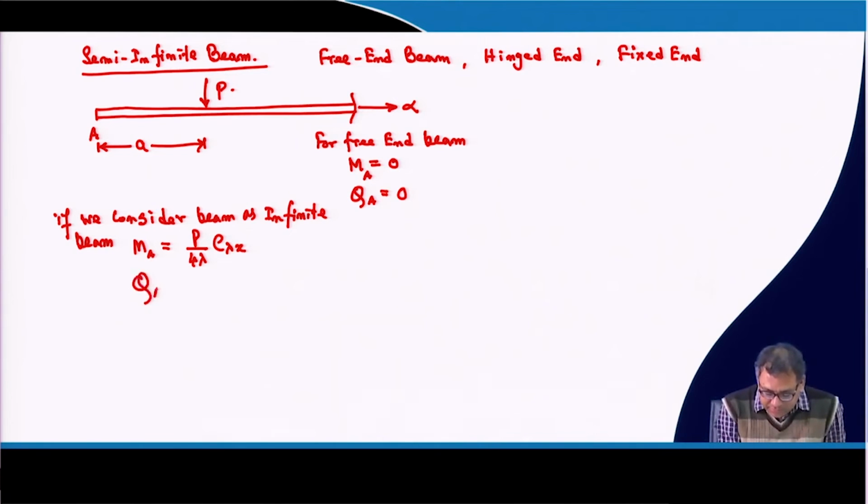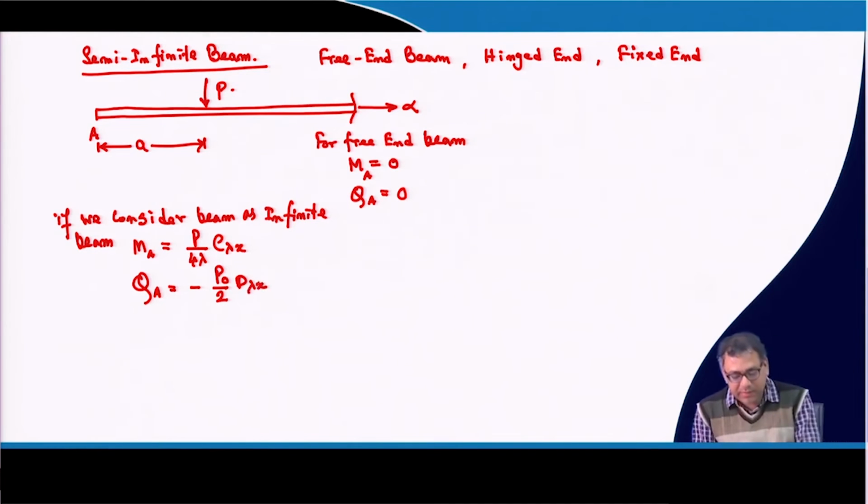And the shear force at point A due to this point load will be minus P_0 divided by 2, D lambda x. But remember that now your point of interest is A, which is on the left side of the load. So, the bending moment will have no change, but the shear force, which is negative, will be positive. So, you will calculate this bending moment and the shear force at point A.